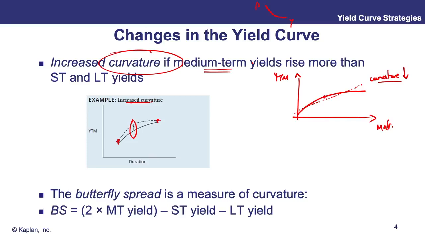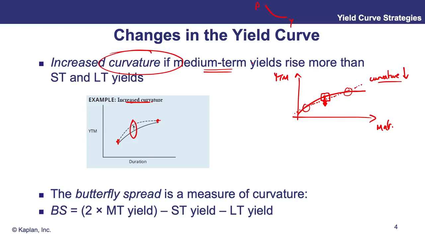Over here, in that particular graphic, we've got decreasing curvature. Can you see that yields in the middle have fallen by more than yields at the extremities? So the yields at the extremities have stayed the same, but yields in the middle have fallen. So that's a decrease in curvature when intermediate rates fall by more than the short and long-term rates.